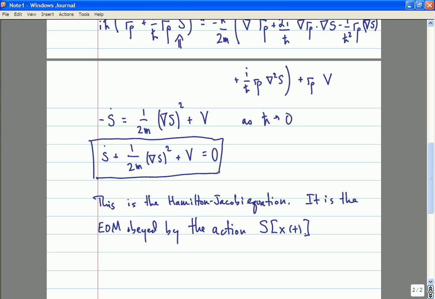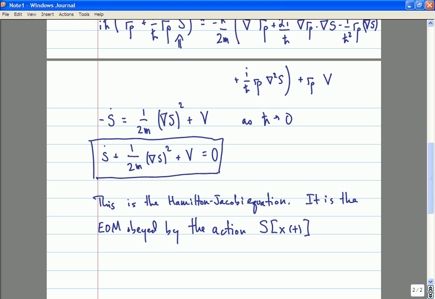And I remind you that the action S is usually regarded as a functional of the possible path that a system can take through configuration space. Or, said a little more prosaically, in the case of a particle, it would be the path that the particle can take through space. And there's a special set of paths, namely those which are the classical paths that the system does take.